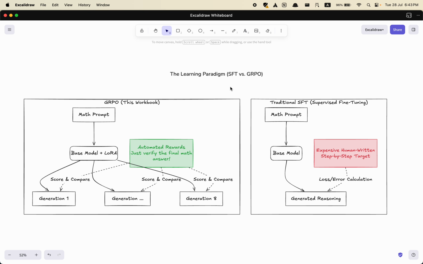Instead, we fed it a prompt, let it generate 8 different attempts, and used automated code to check if the final math answer was right. Essentially, it's learning through trial and error. And we can see that here on the left hand side.